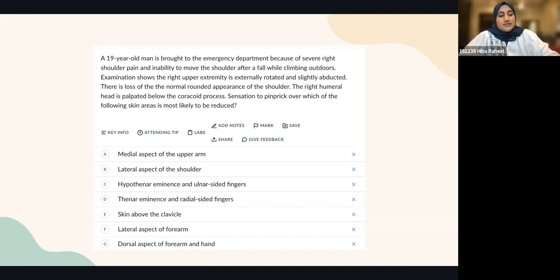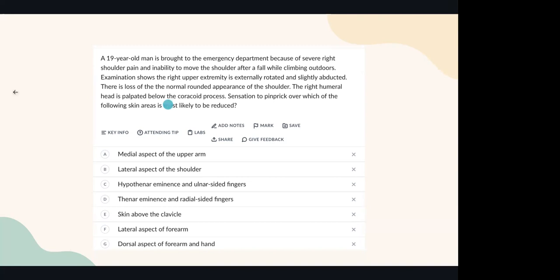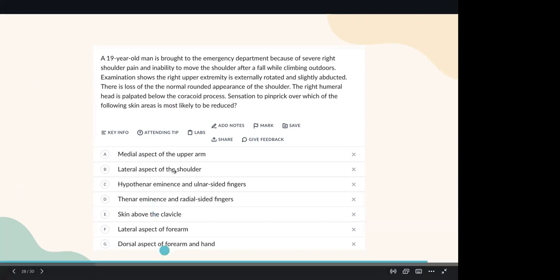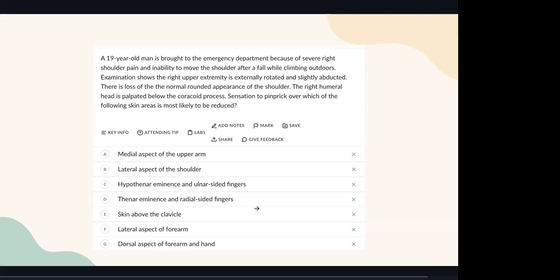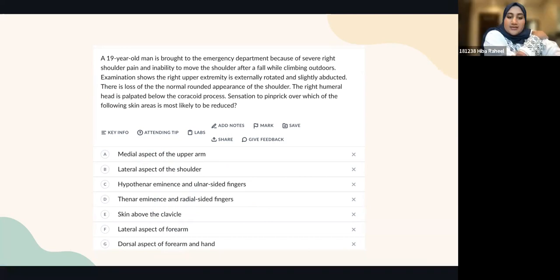No, it's basically the deltoid region, so the skin around the deltoid. So what part of the shoulder would the answer be then? It's going to be the lateral aspect of the shoulder. Yes, excellent. That is the one that is losing its sensory supply. Very good. B.